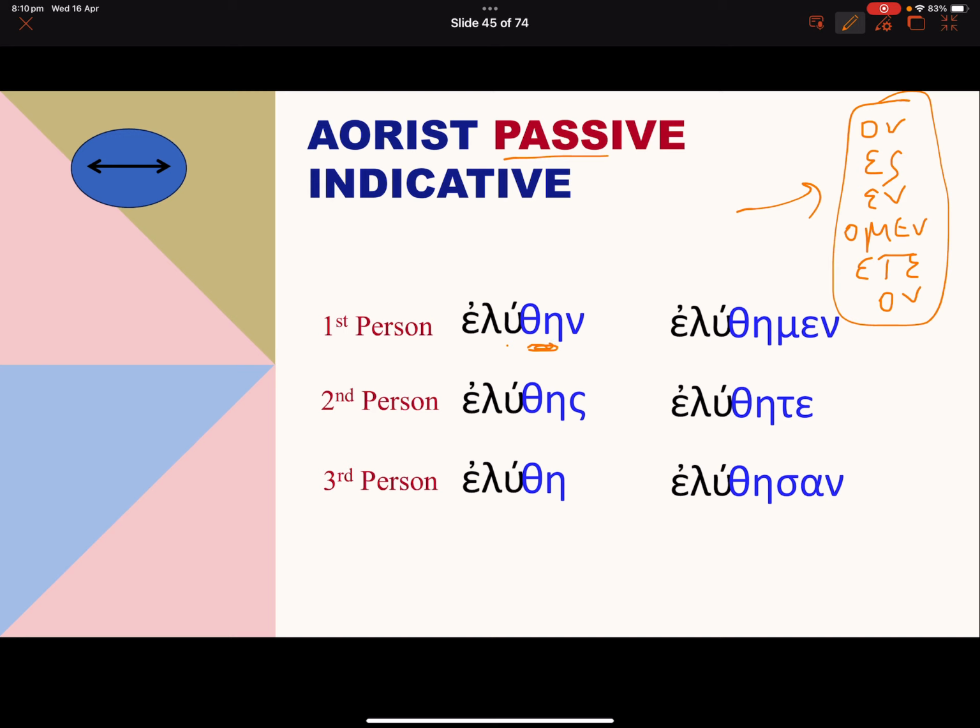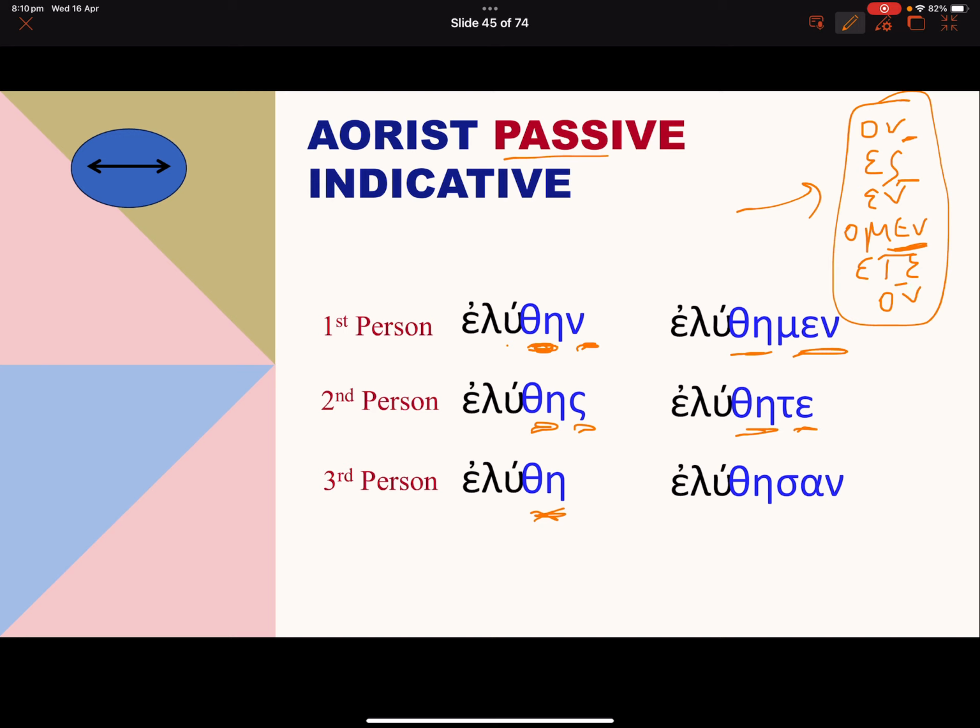So you've got the theta eta, and then you've got that nu from those imperfect endings. Then you've got the theta eta and the sigma, which is the sigma from the imperfect endings. Then you've just got a theta eta. There's no nu there. Theta eta, and we've just got that men.